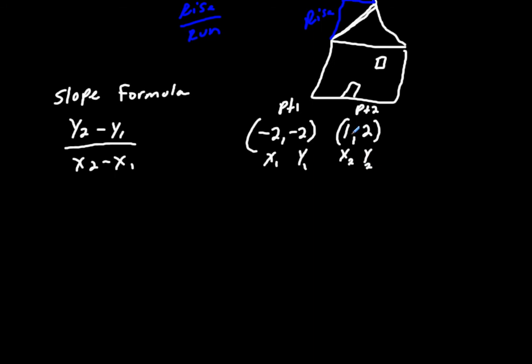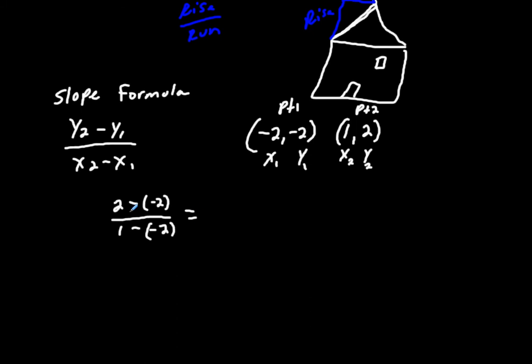Now, since we've labeled each of these, let's plug it into the formula. Y sub 2, which is 2, minus y sub 1, which is -2, so minus a -2, over x sub 2, which is 1, minus a -2.